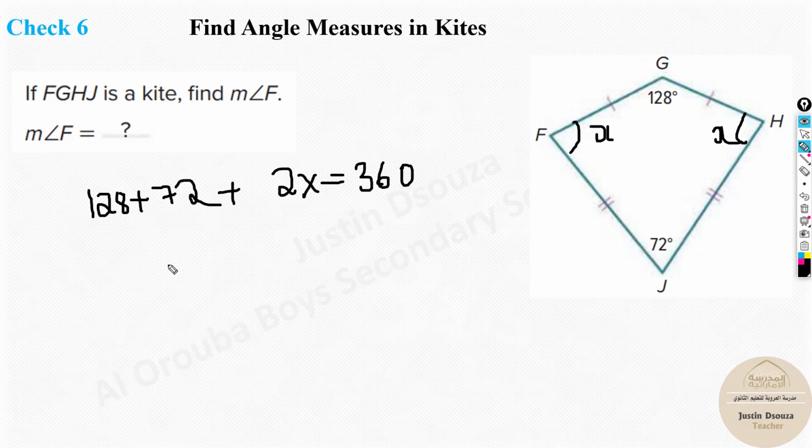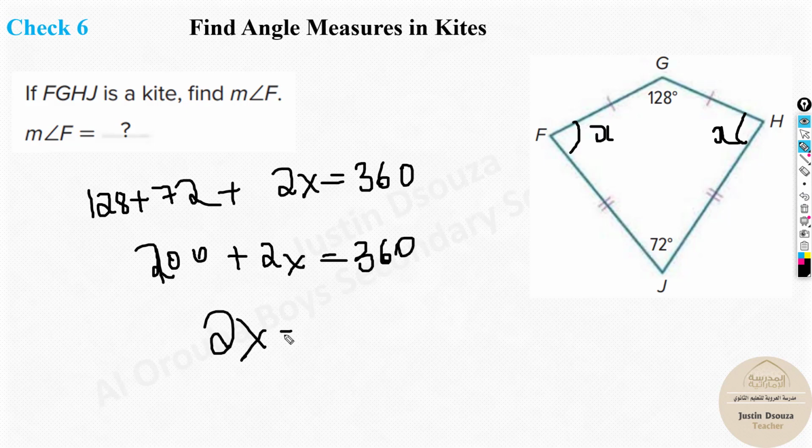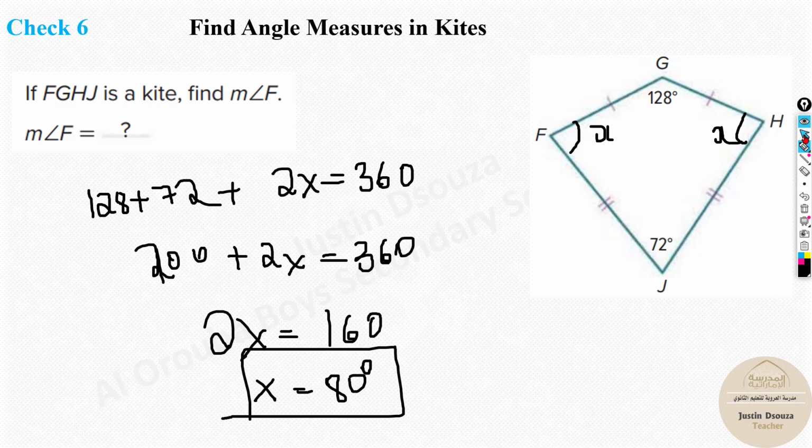So 128 plus 72 is 200, so 200 plus 2x equals 360. Now take this 200 to the other side. It will be 2x equals 160. Why? 360 minus 200 is 160. x equals 80 degrees, and this is the answer. So that is 80 degrees over here.